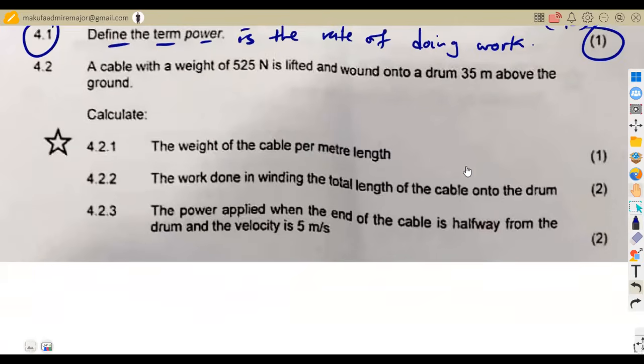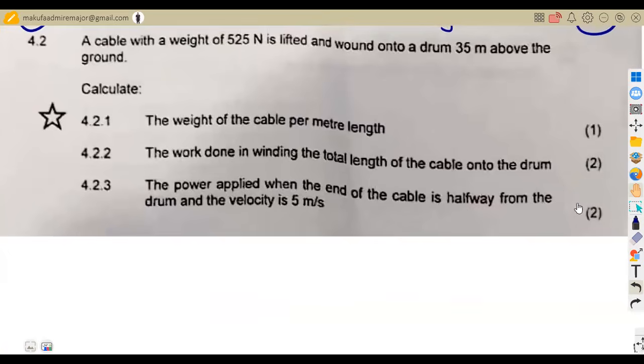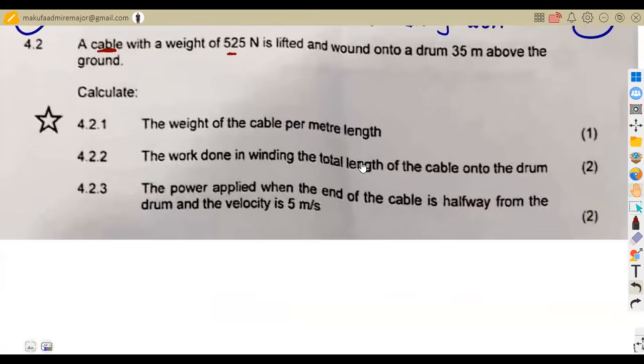All right. Then we are given a cable with a weight, take note here, we are not talking about something else. This is the weight of the cable actually. So we're given the cable of a weight being 525 Newton is lifted and wound onto a drum 35 meters above the ground, meaning to say we've got a condition.